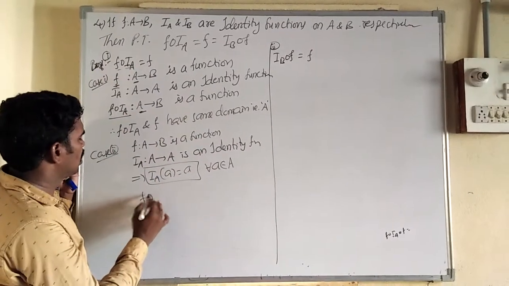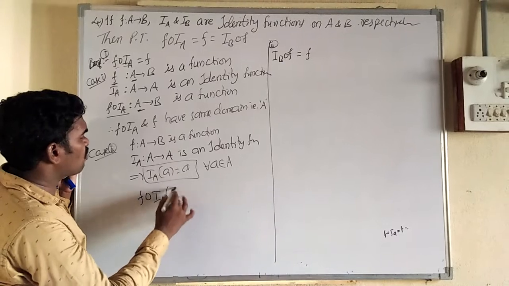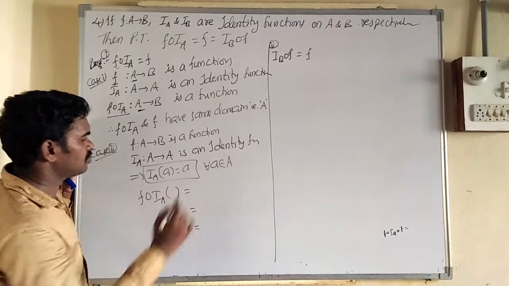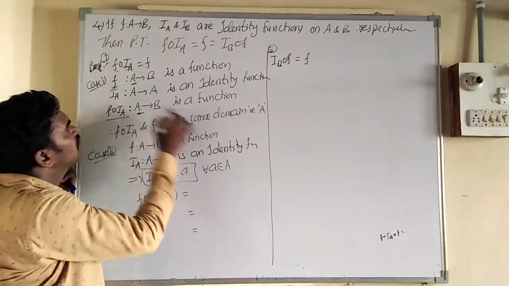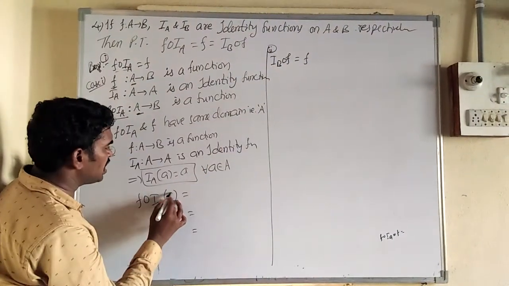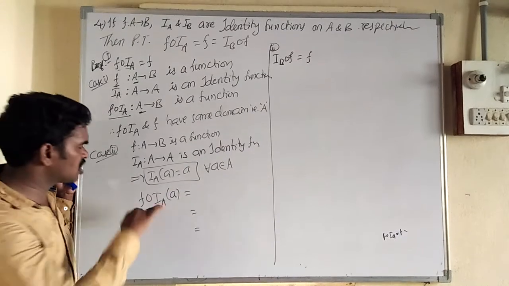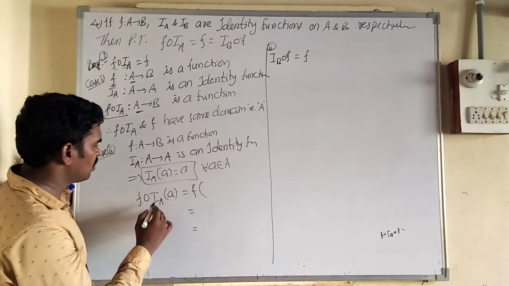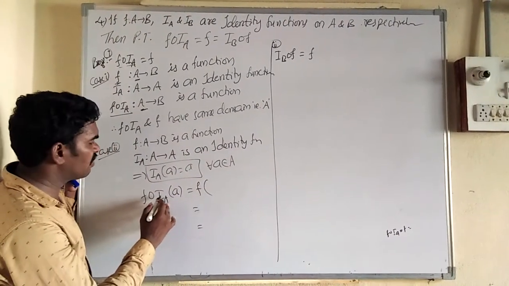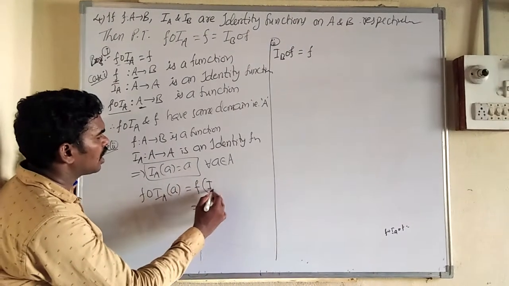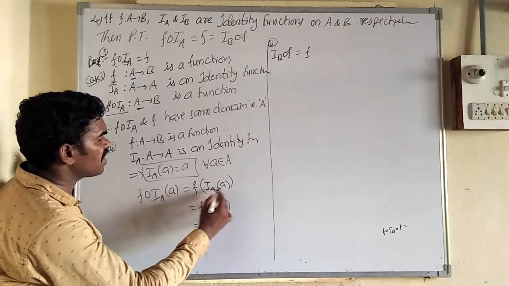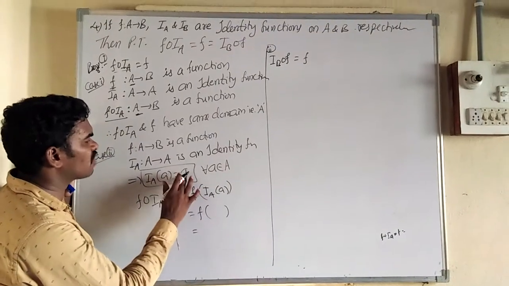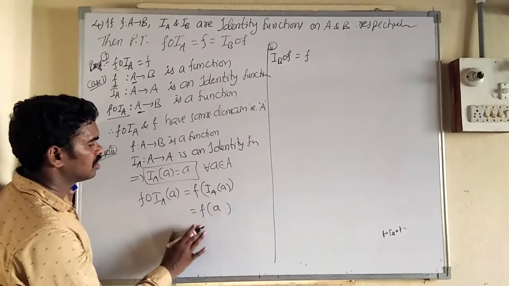F circle IA of what? What is the common domain? Capital A, meaning an element small a in capital A. So simplify this: remove the circle, we get F of IA of a. IA of a means what? Small a.